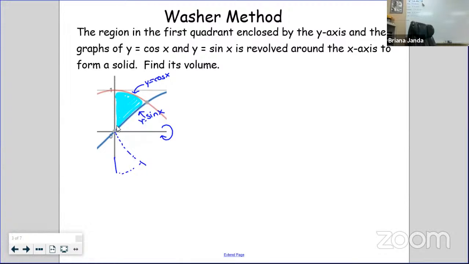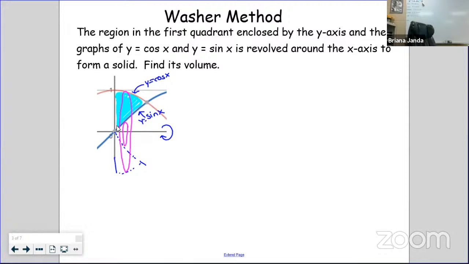And so this time when we draw that circle around our axis of revolution, connecting our top function to our bottom function, I'm actually going to end up drawing two of them. Our outer function goes from cosine down to that reflected cosine. And then I'm going to draw the inside of that washer because there's a hole here connecting those functions.